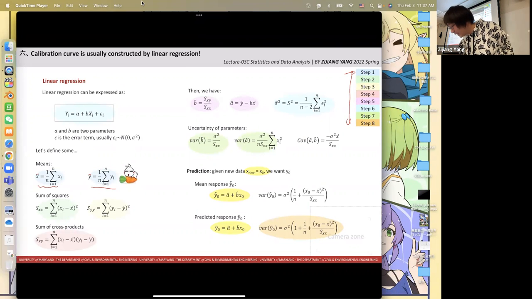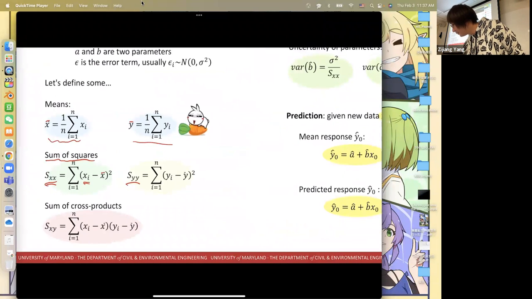And then we can calculate the sum of squares, which is SXX and SYY, which equals to the sum of XI minus X bar squared. So in these two equations, Xi is known, and X bar and Y bar, they are also known. So SXX and SYY, they can also be calculated. It may take some time, but we can calculate this value.